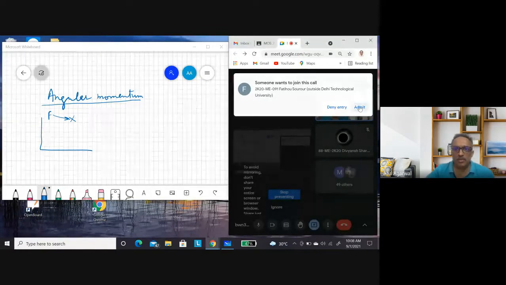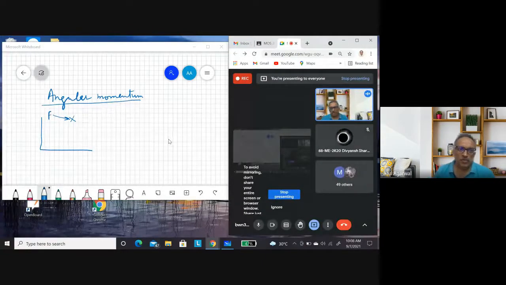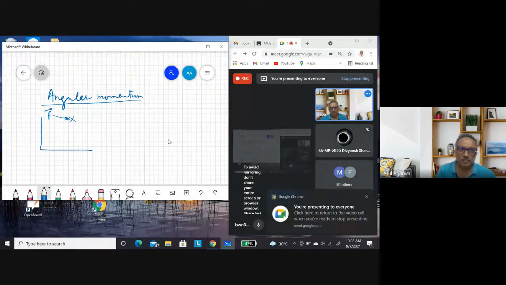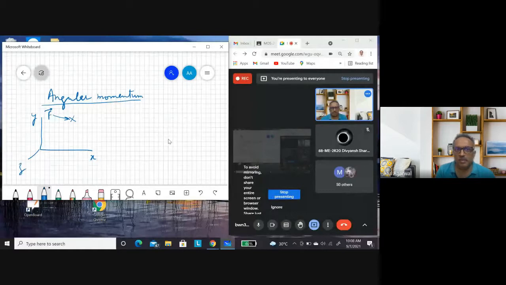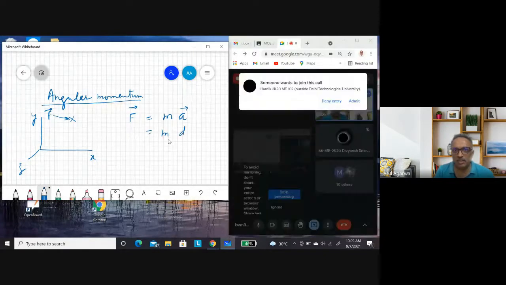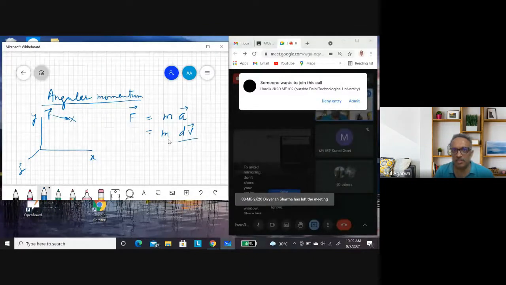Suppose you have a particle and a force F is acting on the particle. So, what is Newton's second law? This force is equal to mass times acceleration of the particle. Now, what is acceleration? It is the time derivative of the velocity.